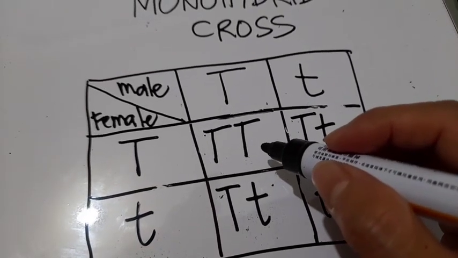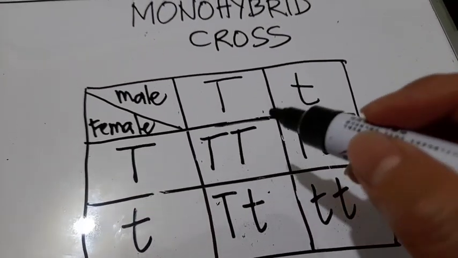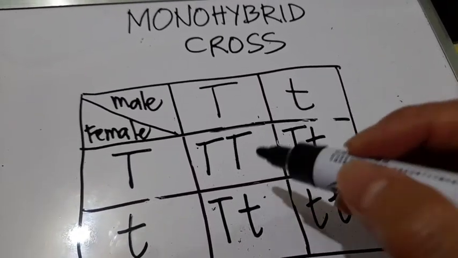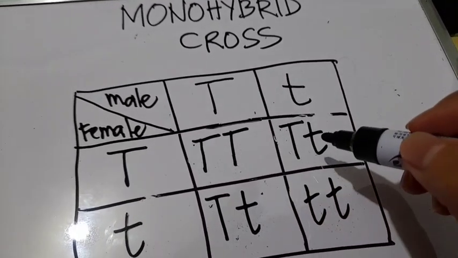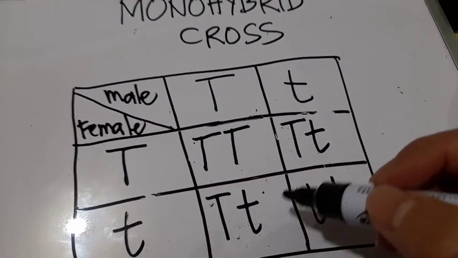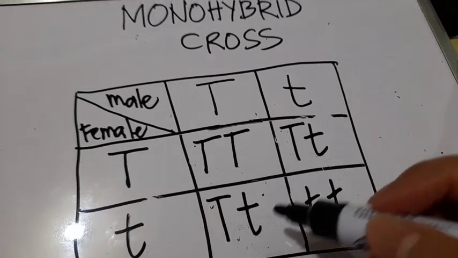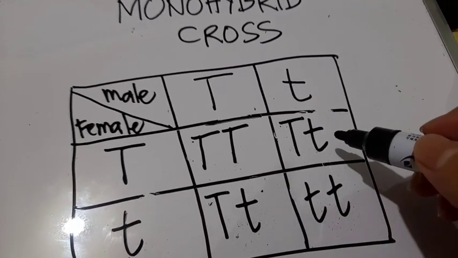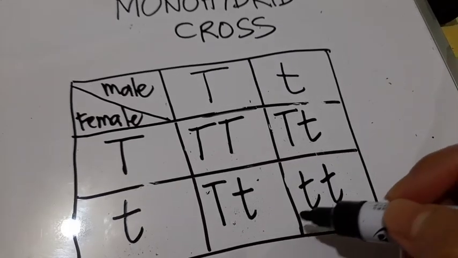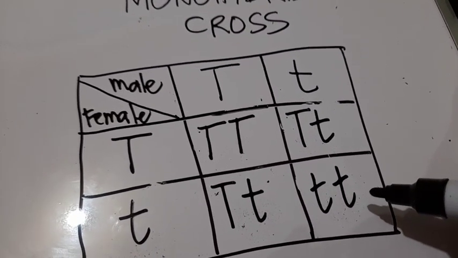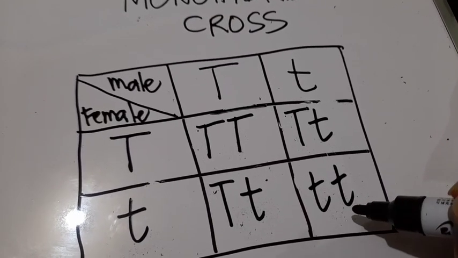So the first offspring is tall, but the genotype is homozygous tall. The second and the third, the phenotypes are tall, but the genotypes are heterozygous tall. And the last offspring, this is homozygous short.